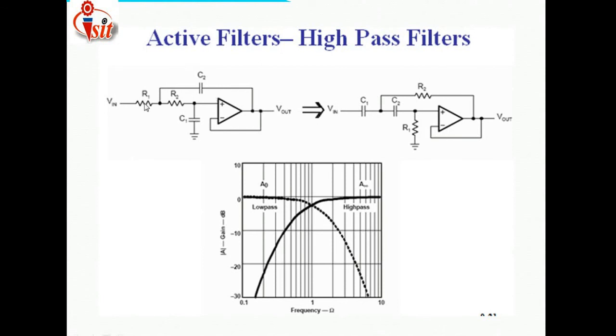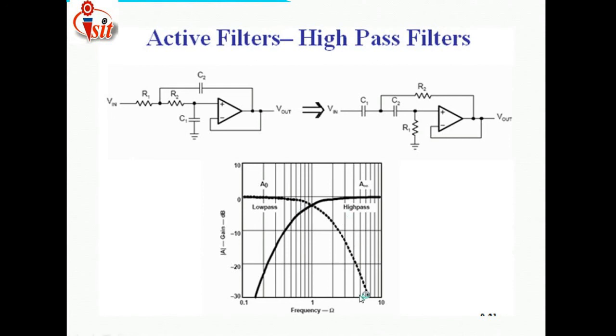Here R1, R2 is replaced by C1, C2. Here C2 is replaced by R2, and C1 is replaced by R1. That means in the particular circuit, the capacitor is replaced by the resistor and the resistor is replaced by the capacitor, and the circuit is interchanged along with the function, high pass to low pass and low pass to high pass.